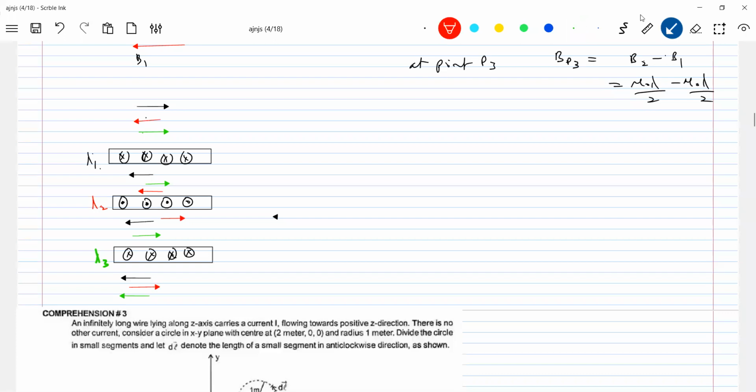Now you take the vector sum of that and get the resultant field. I'm just giving the diagram; later on, you do calculations. Let me write B1, B2, B3. So what is B1? Mu naught lambda 1 by 2.